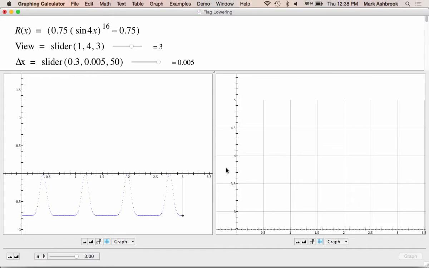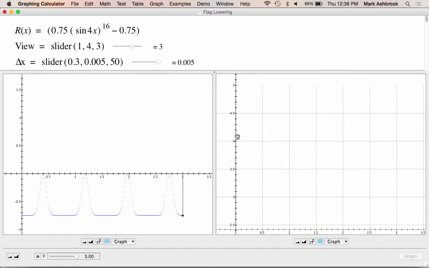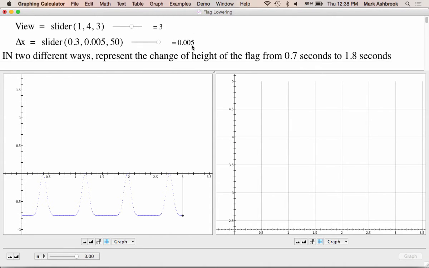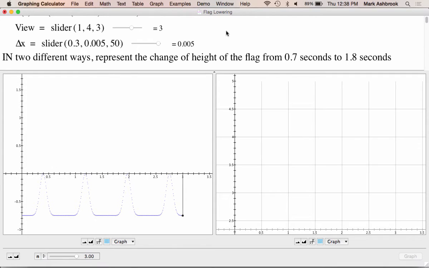So back to our flag. Now we want to express, first, let's sketch. Can we sketch the height function?